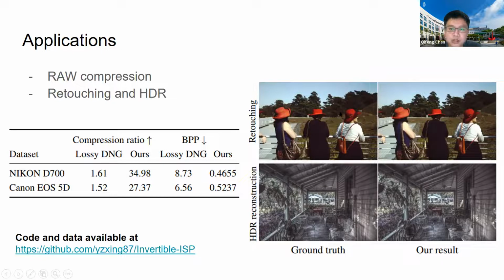And there is not much difference using the ground truth raw data or our reconstructed raw data for retouching or HDR reconstruction. So we can see that using some invertible neural network can add more functionality to a very common ISP pipeline.